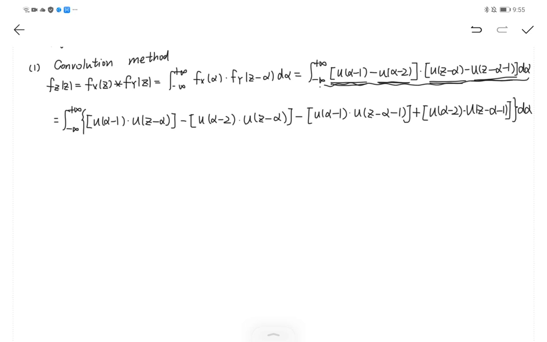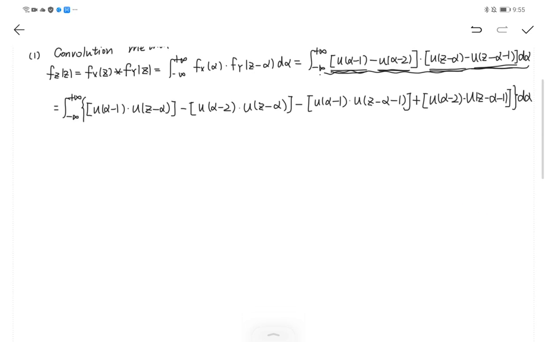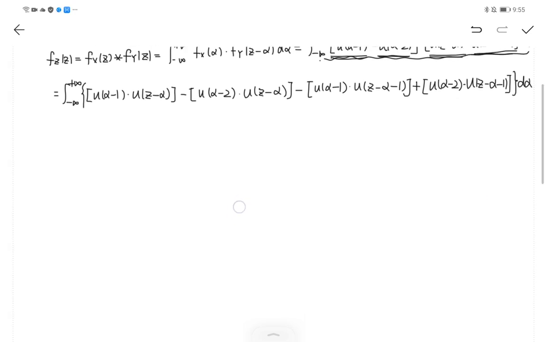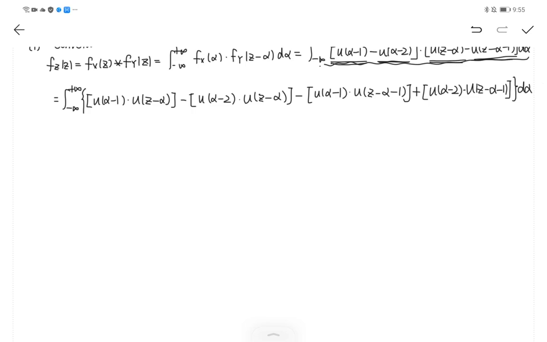So we can calculate it partially. For this part, it equals the integral from 1 to z of u(alpha minus 1) u(z minus alpha), and we also need to multiply by u(z minus 2).